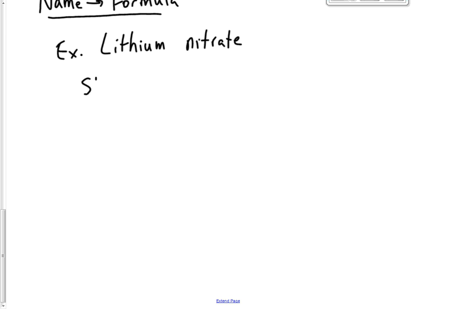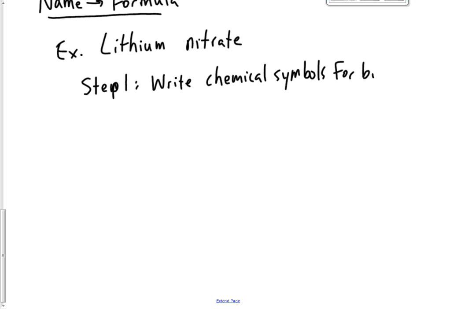So step one is to write the chemical symbols for both, just like in the last video. Write the chemical symbols for both. So we have Li, and then you're going to look up on your list of polyatomic ions, and you're going to see that nitrate is NO3. Step number two is the same. We could really combine these, but it's going to be to add the charges.